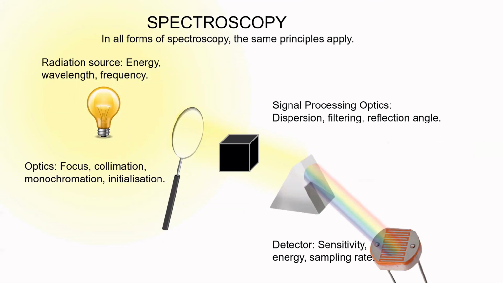So to reiterate, spectroscopy has several key components that are basically the same for all forms of spectroscopy. You have to have some kind of radiation or stimulus source, and the parameters you're interested in there are things like the energy, the wavelength and the frequency. You've got to have some kind of optics: focusing, collimating, monochromating, so making sure you have a single, well-controlled wavelength.